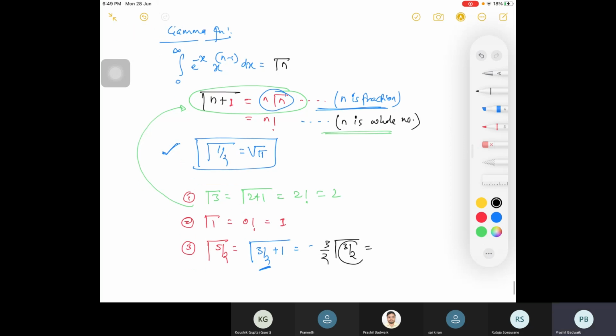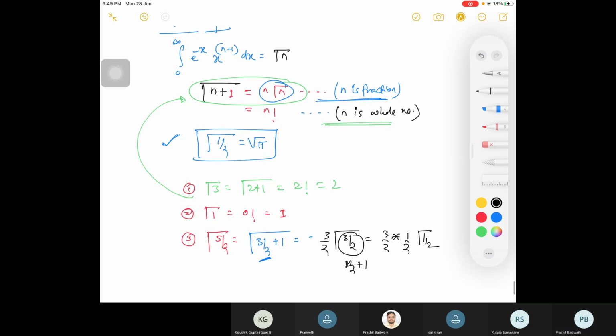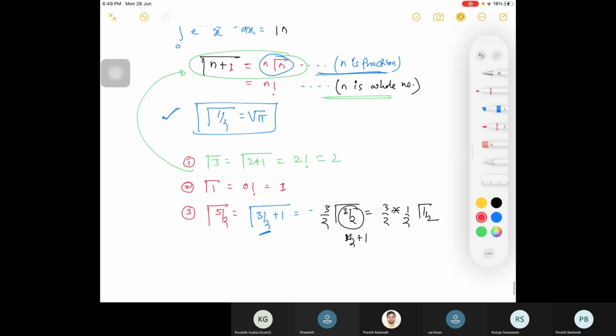Then you convert this into your 1 by 2 term, so it is 1 by 2 plus 1, right? So you will have 3 by 2 into 1 by 2 gamma 1 by 2. I hope it is correct. You will have 3 by 2 into 1 by 2 into gamma 1 by 2, which is root pi. So this is your gamma 5 by 2.